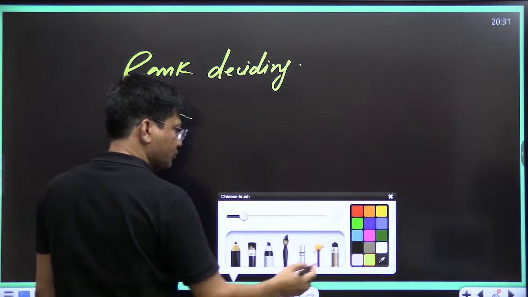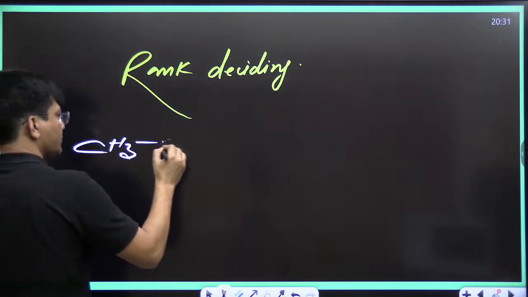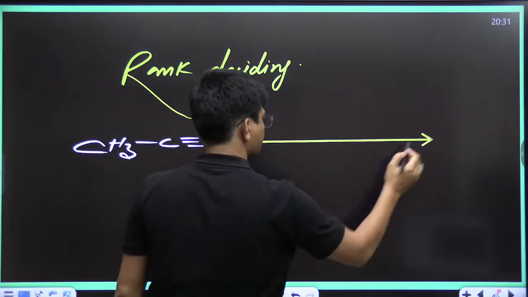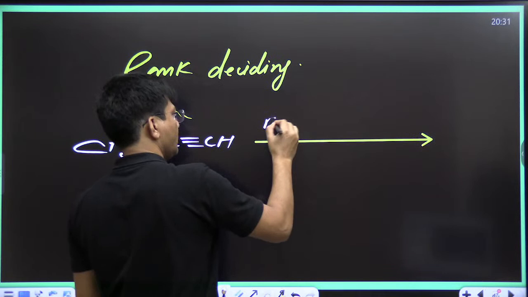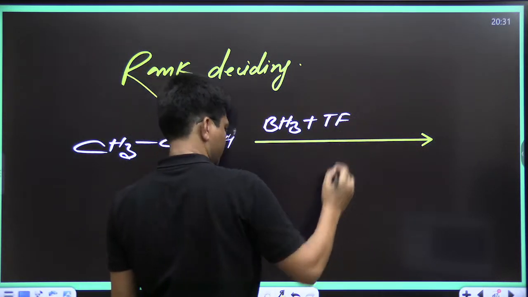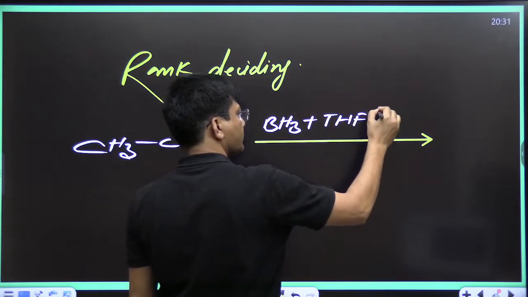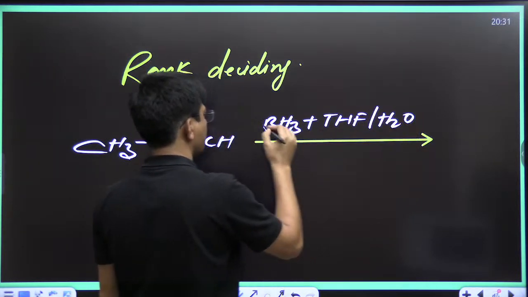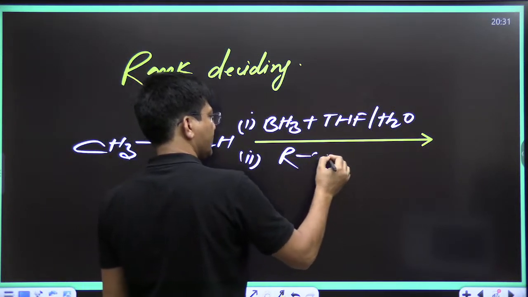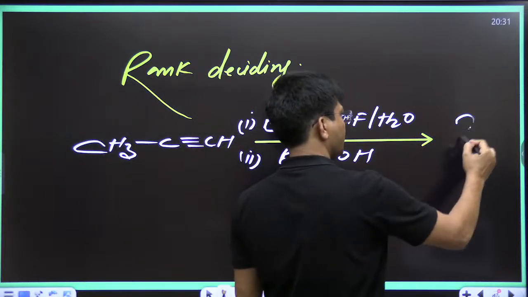If they ask a question like this, where we are provided with CH3 C triple bond CH, BH3 THF, water, and acetic acid or carboxylic acid. Now, what is the product? My dear students, what will be the product?